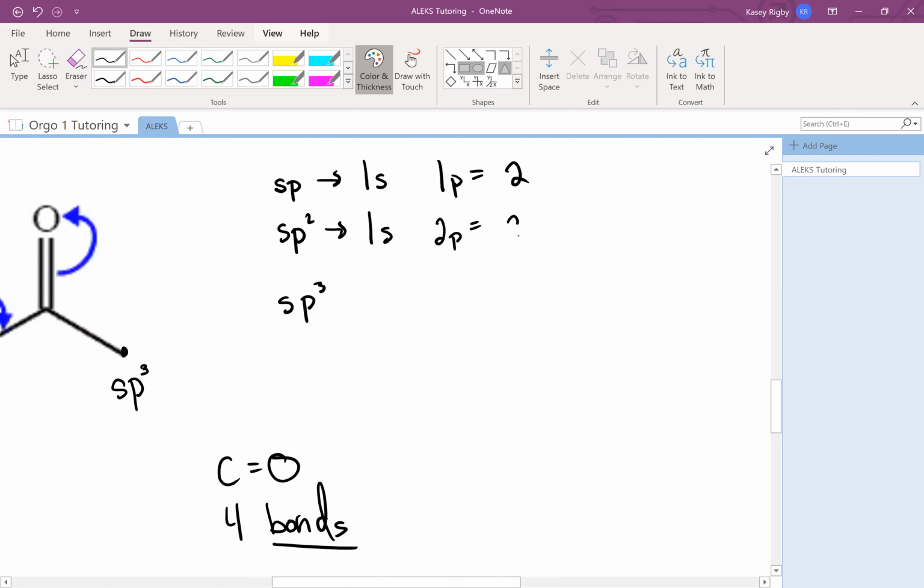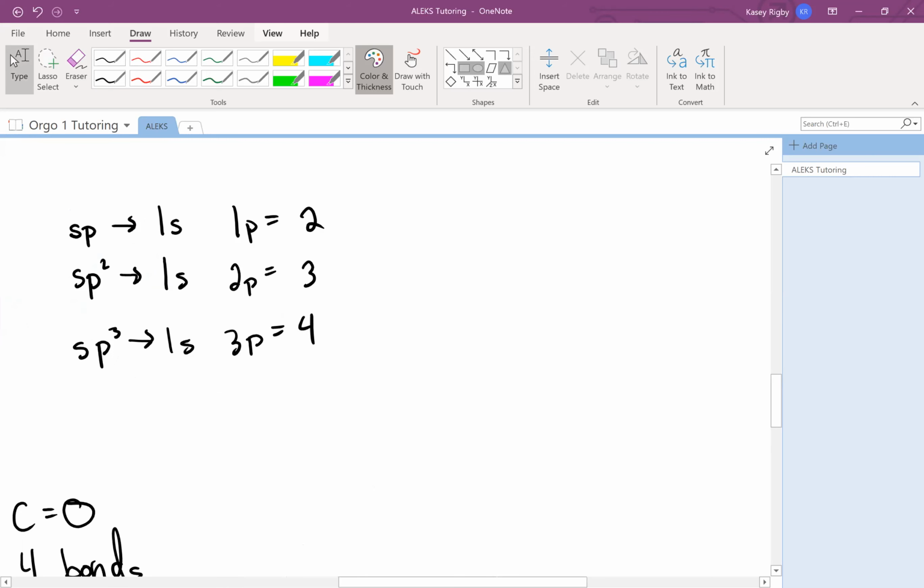That equals a total of 3. For sp3, we have 1 s and 3 p, a total of 4. So if we're looking at something like sp, that means the carbon has to have 2 electron groups around it. Usually what that means is a C triple bonded to something else, whether it be a C or an N or whatever. It just has a triple bond and then a single bond to something else. So it has 2 electron groups attached to it. 2 corresponds with sp.